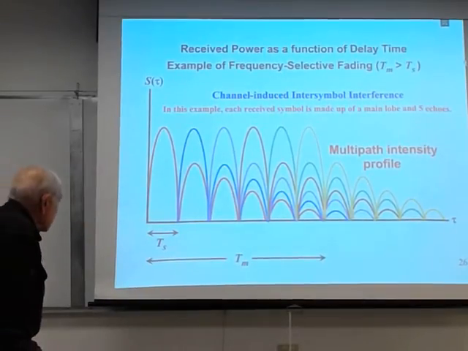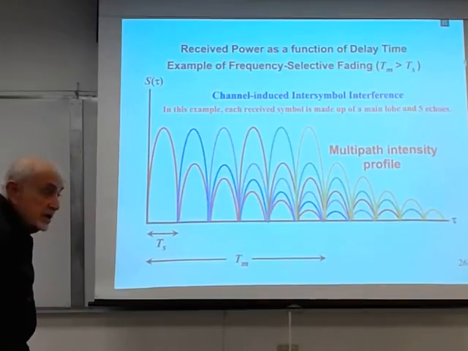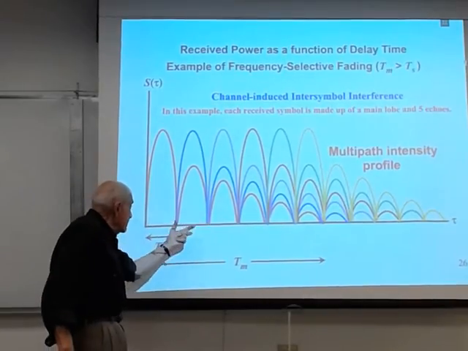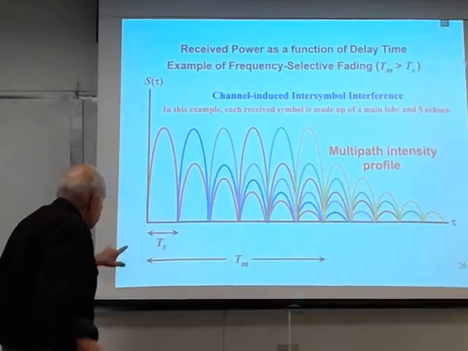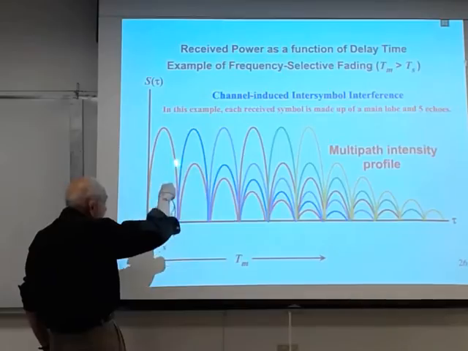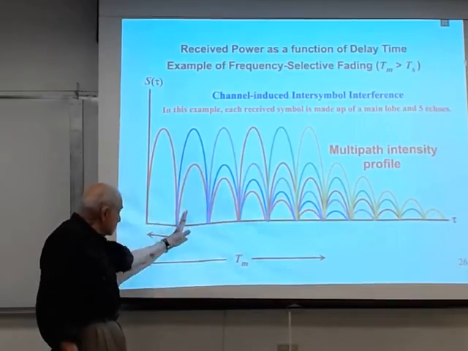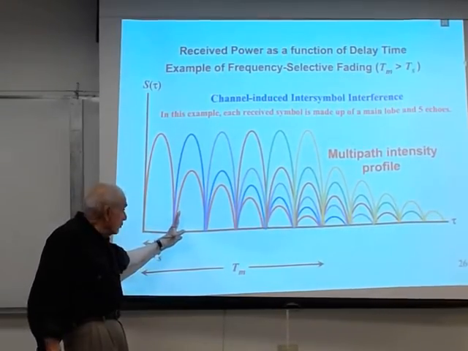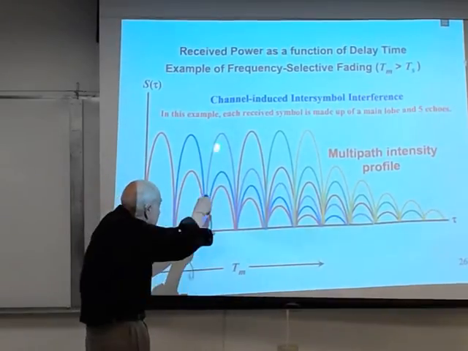And when you take a look at T sub s, the symbol time, let's say this is one symbol, this is the next symbol, and so forth. So if this is the symbol time, and I send out symbol number 1, and you get all these echoes, what I have to see is symbol number 2 is arriving exactly at the end of symbol number 1. This is the end of symbol number 1. And here starts symbol number 2 with all its echoes. Here starts symbol number 3 with all its echoes.